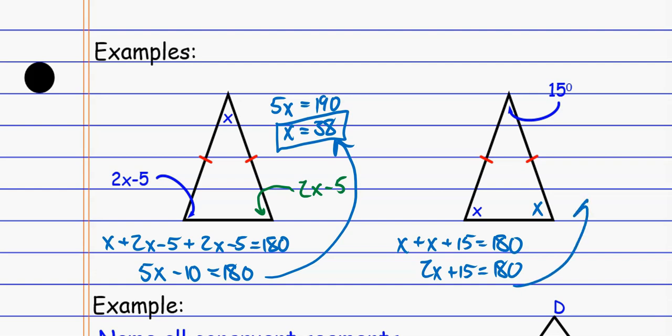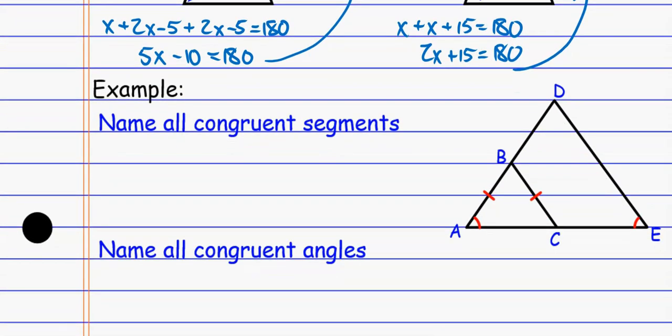Once again, let me drag this guy up here somewhere. So I subtract that 15 from each side. That's a 165. And then I divide each side. That's an 82.5. And so once again, I'm just finding the value of x. If I want to, I can easily go back and find the measurements of each of those angles.